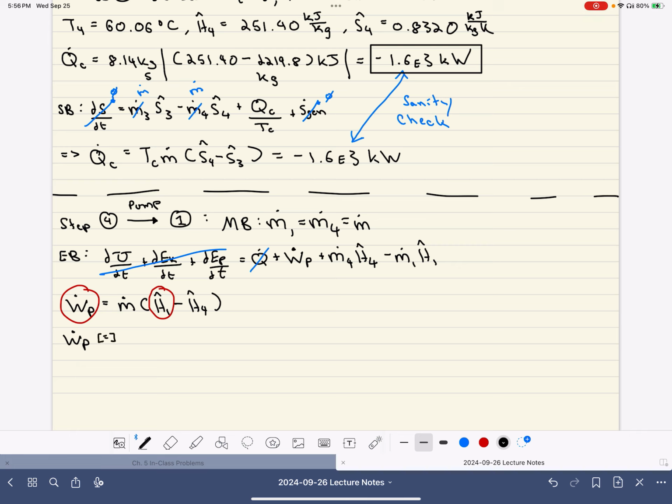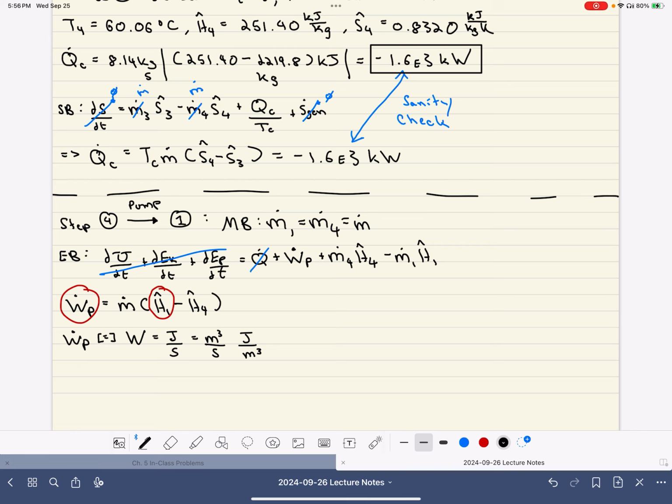So here we're dealing with watts. And a watt is equal to a joule per second. Equivalently, you could say that it's equal to meters cubed per second multiplied by joules per meter cubed.